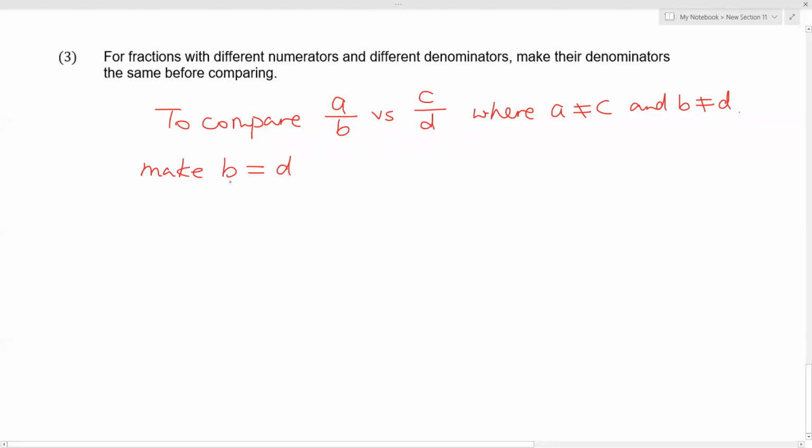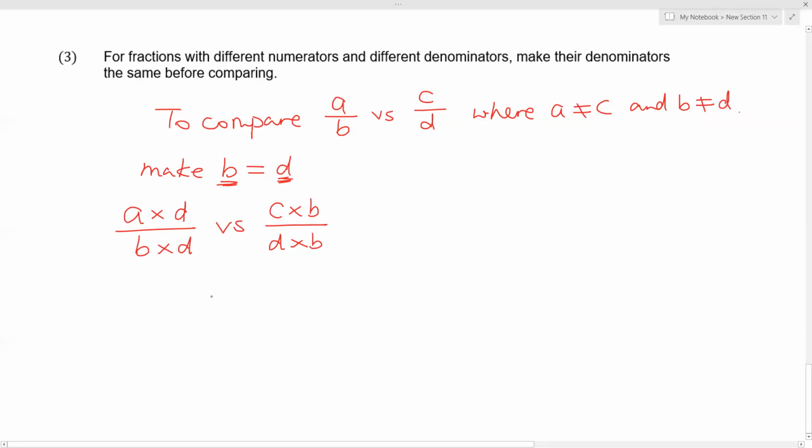We need to find a common ground for the comparison. For that, you just do a times d over b times d versus c times b over d times b.